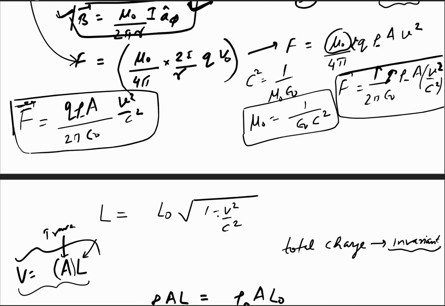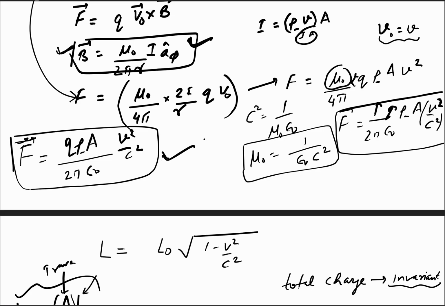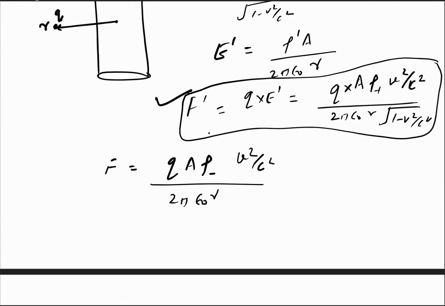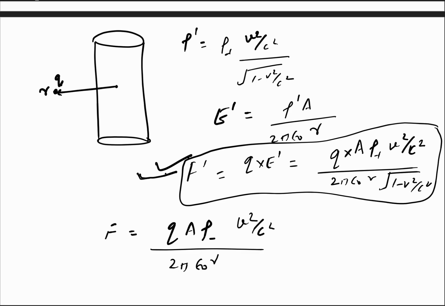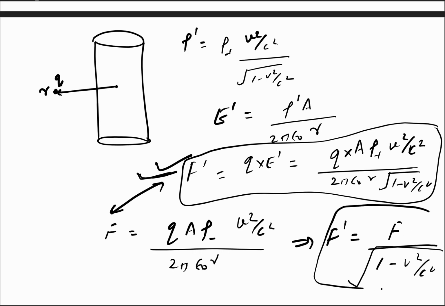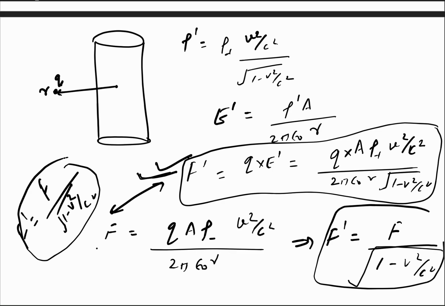So this was the force which we calculated through the magnetic field in the rest frame, and this is the electric force in the moving frame. By comparing these two, we see that F dash is equal to F over the square root of 1 minus v square by c square. Now, from the theory of relativity, we know that force in a moving frame is equal to force in the rest frame divided by the square root of 1 minus v square by c square. So you see that both of these forces are actually matching.